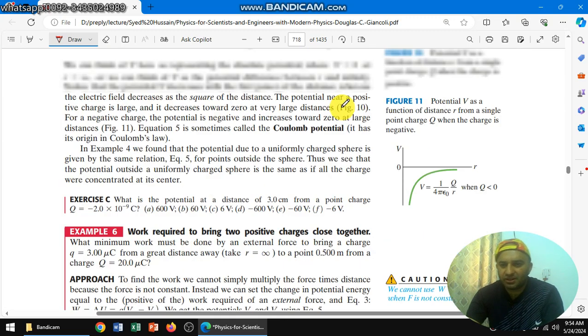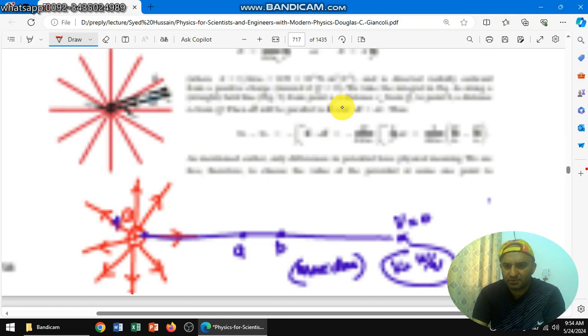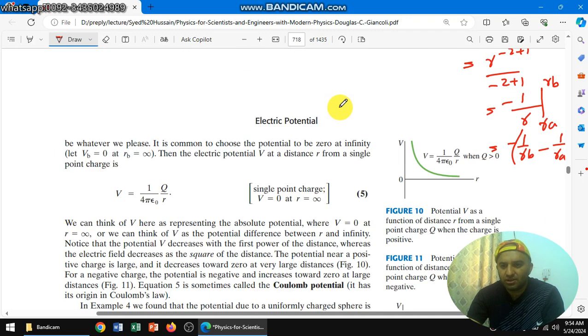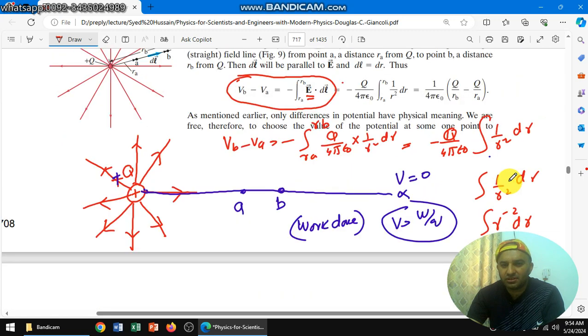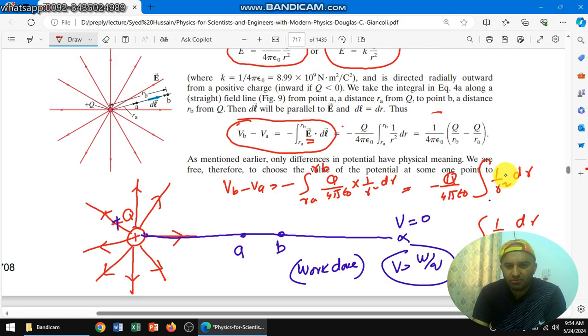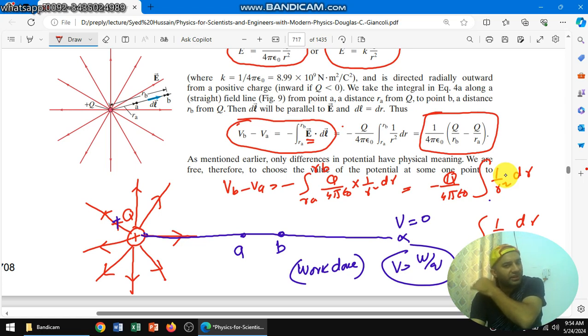So we can remove the minus, so this is 1 over 4 pi epsilon naught, q over RB minus q over RA.